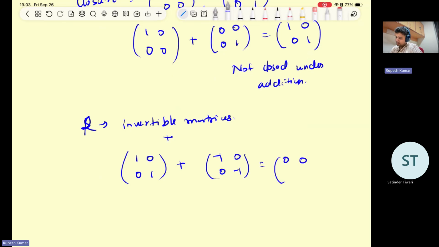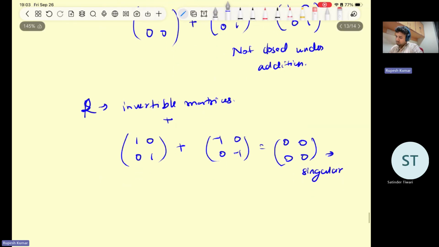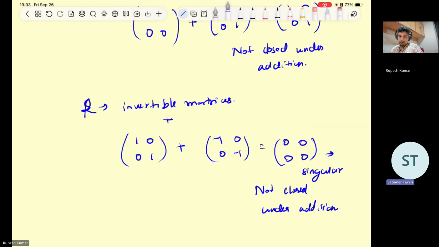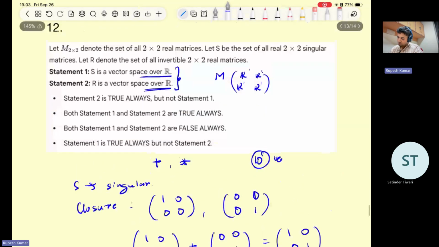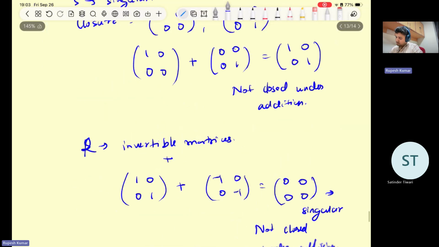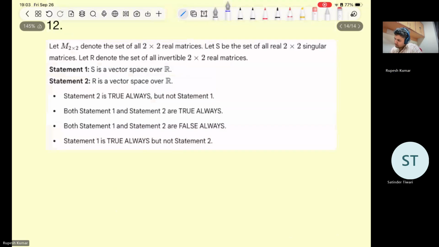Now the sum is basically 0 0 0 0, which is singular. So this is also not closed under addition, right? Am I right? Yes, sir. Right. So both are false. Fine. So this is done.